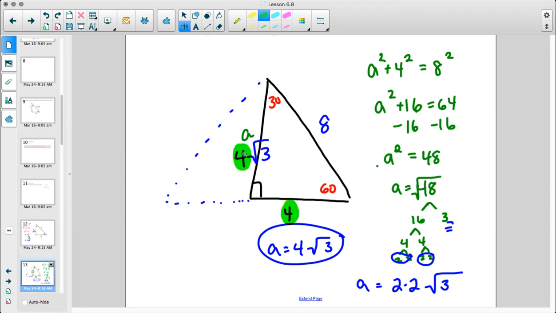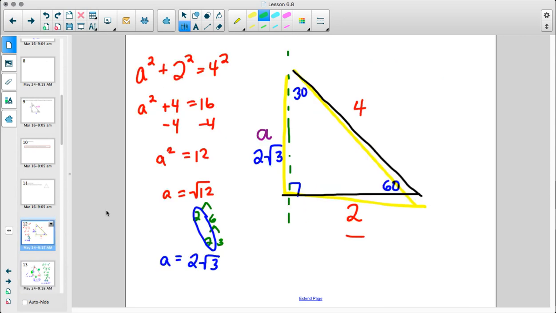Do we see that? And this leg is always 2 times the other leg. So if we have a look here, again, whatever this leg is, the longer leg will be that number times the square root of 3. And the hypotenuse will be twice this longer leg.